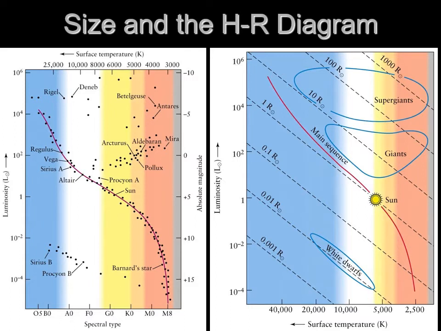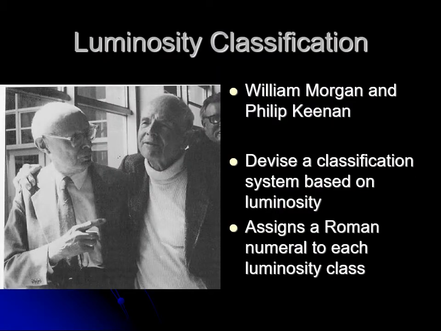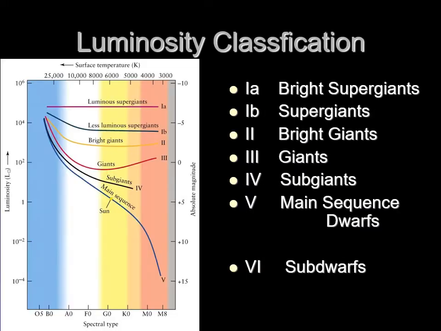Now the terms dwarf, giant, and supergiant actually come from a classification system that was proposed by William Morgan and Philip Keenan. They developed a way of classifying stars based on luminosity, and they gave a Roman numeral to each luminosity class. Main sequence stars are technically considered dwarfs in their category, and so all main sequence stars are Roman numeral 5.